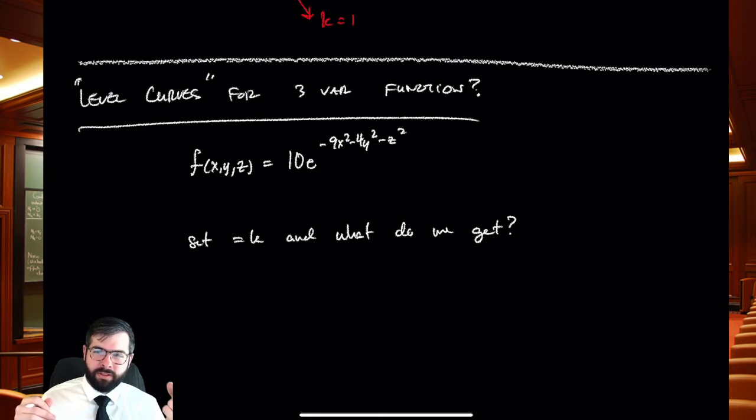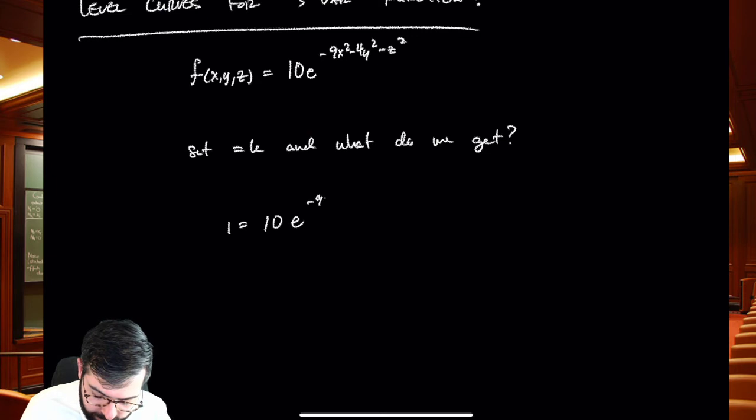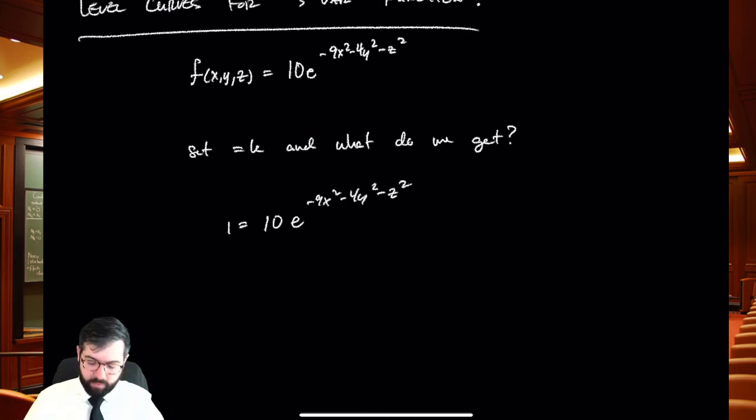So what does fixing the output value and then finding this trace or this curve, what is this going to look like? What do you think? Yeah, it's going to give you a series of surfaces, right? So if we set 1 equal to 10e to the minus 9x squared minus 4y squared minus z squared, right?